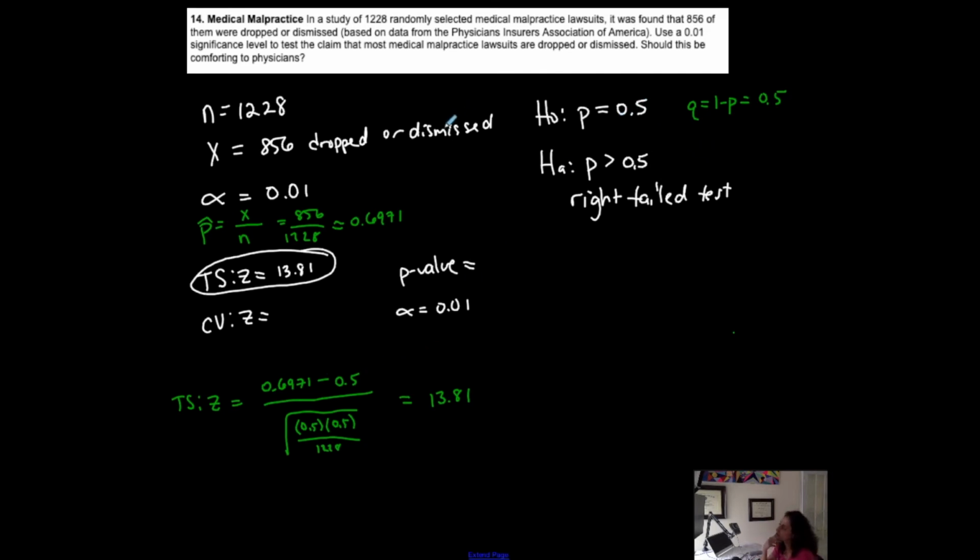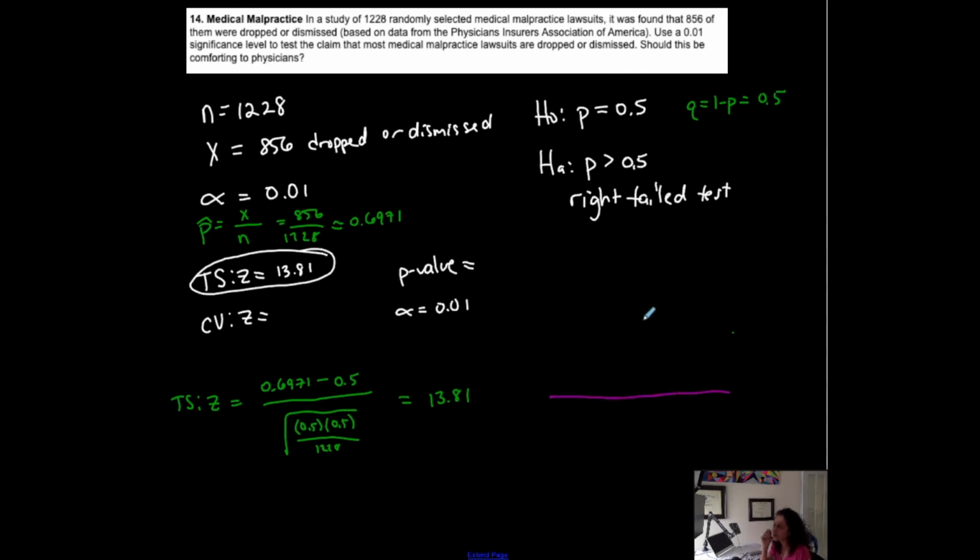Critical value, let's do the critical value. The critical value is the value that separates the rejection region from the rest of the curve. And because we're dealing with z-scores and population proportions, we're on an SND curve. Now, it's a right-tailed test, so the critical region, which is also known as the rejection region, is in the right tail. And we talked about this before.